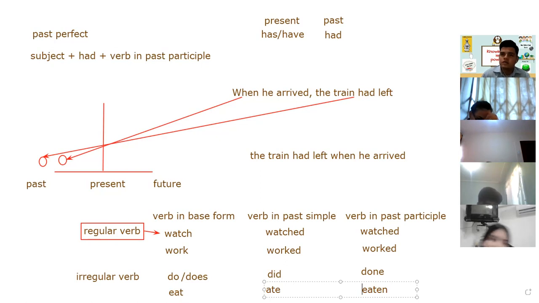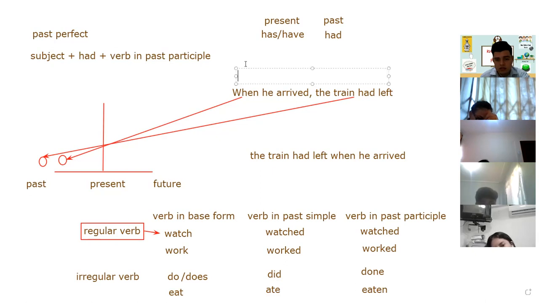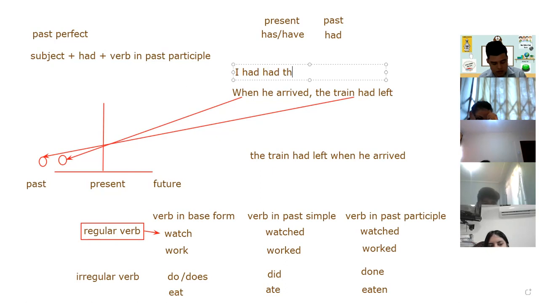Only memorize the basic verbs: eat, do, see, what else? Know, think, teach, what else? Have, yes. Sometimes there is a sentence, for example, using have or has, but in past. For example, I had this dog.